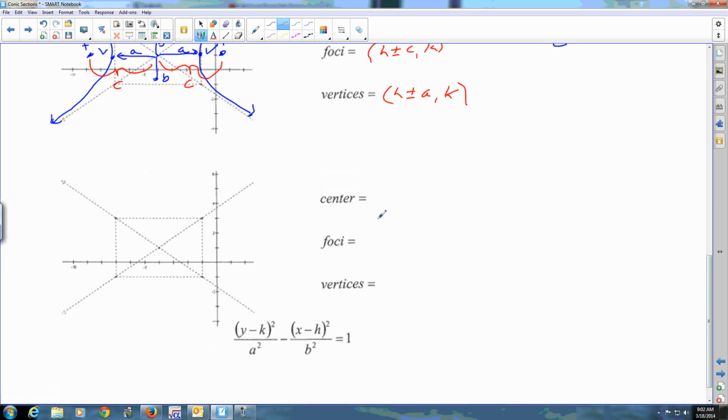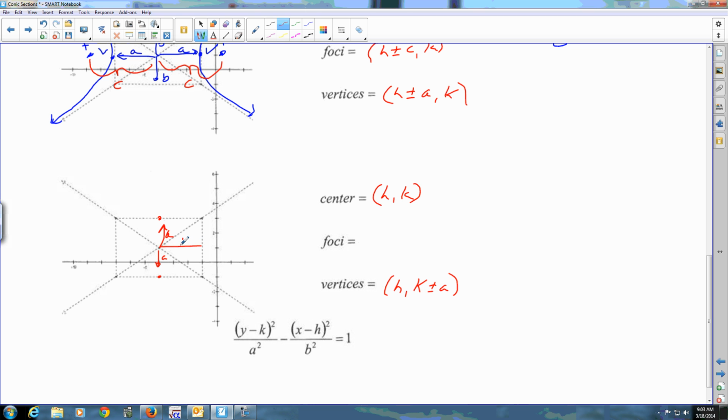Alright. So for here, the center is going to be (H, K), just like it was in the other one. Now this one, because y comes first, it's going to be opening in the y direction, so this is going to be your foci. But notice the A is coming first, the A is paired with it. So your vertices are going to be (H, K plus and minus A), because this distance is A, because it's associated with the y.